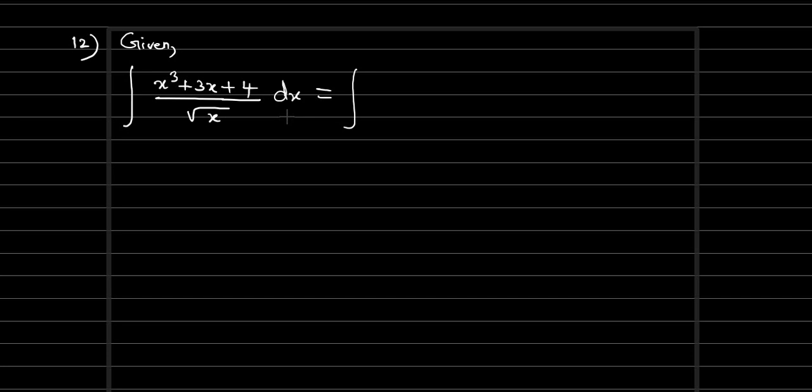So if the function is not in a standard form, we have to do some simplification or some formula application. Using that, first we have to bring it to a standard form, then only can we proceed with the integration. So this function is not in a standard form, so something we have to do here. For that, I am going to do the simplification. So first root x, I am going to change it as x power 1 by 2.